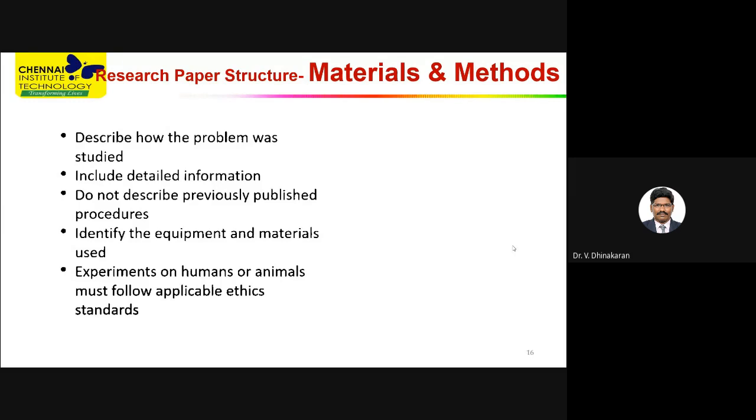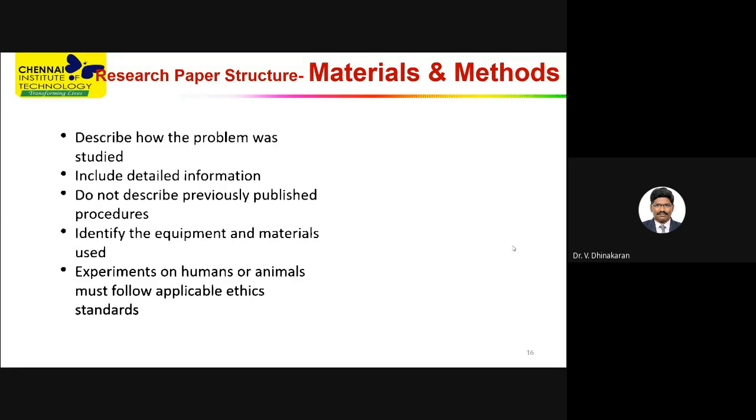Okay, so in materials and methods, what should you do? Briefly state the material you use. In the introduction, you introduce the material: I have used titanium materials, and titanium materials are highly applicable in aerospace, marine, automobile, like that.